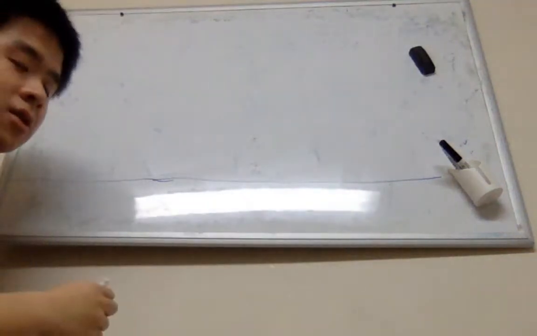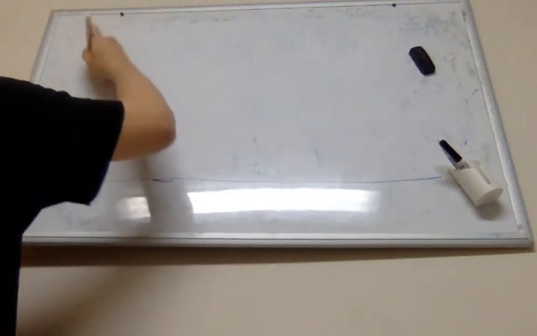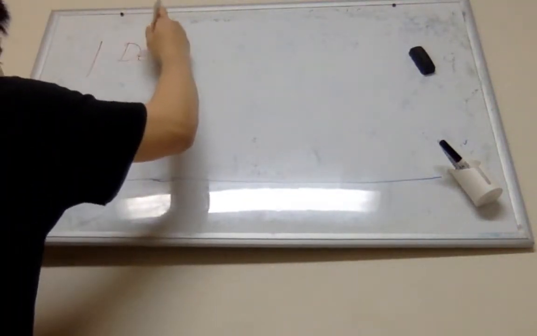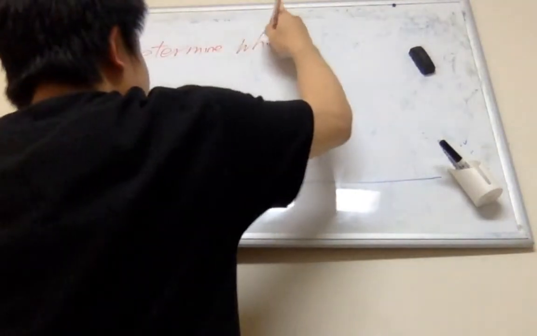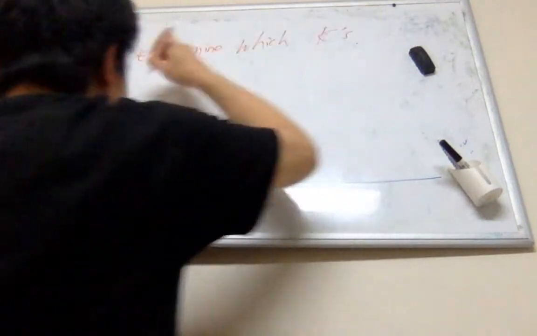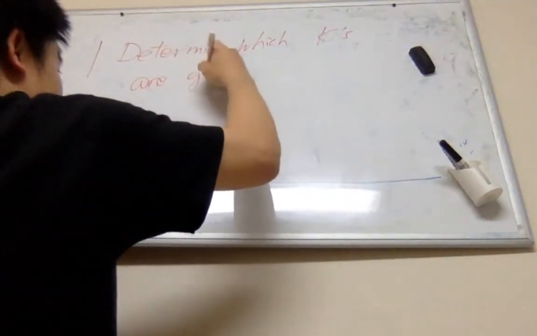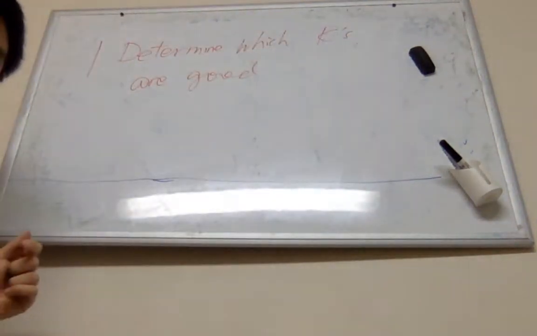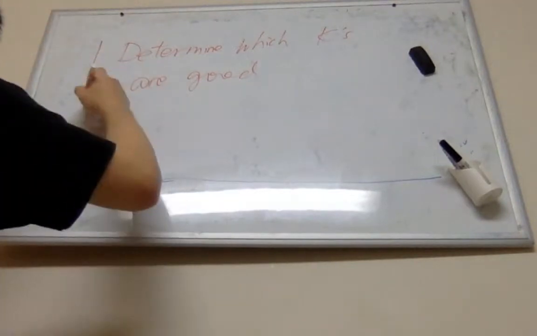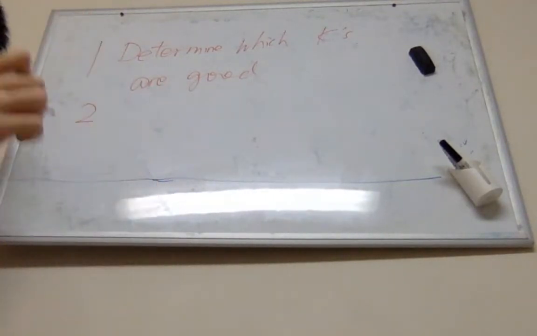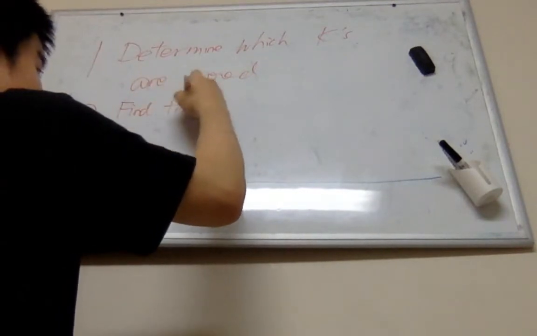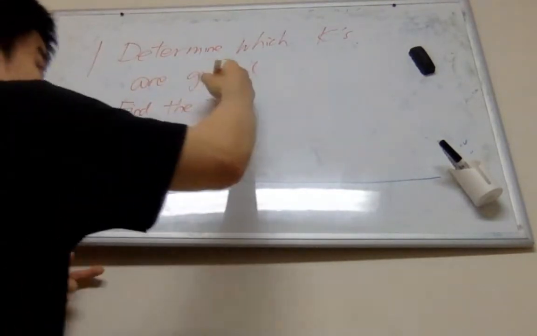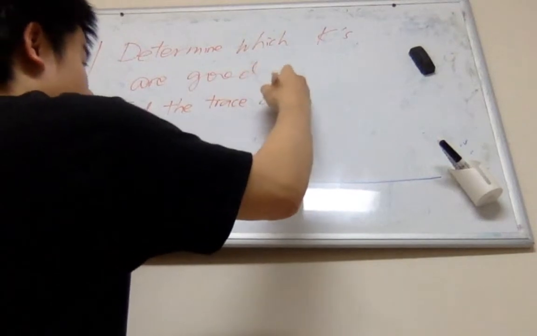Okay, so to write the layout here: number one, determine which cases are good. Number two, find the trace combination.